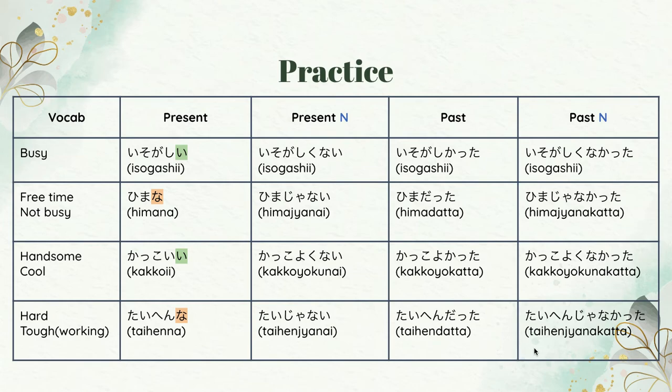Past negative would be 大変じゃなかった. So, as you can see from this chart, there's a certain pattern. These green ones are the i adjectives, and the orange ones are na adjectives. So if you compare them, they have certain patterns.